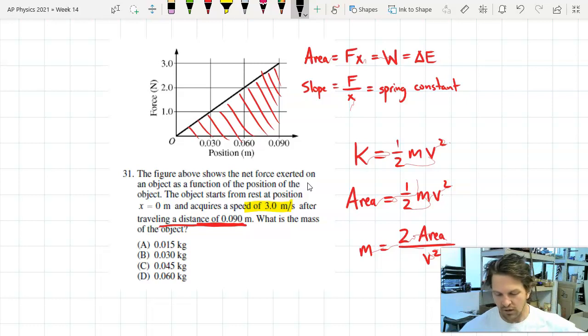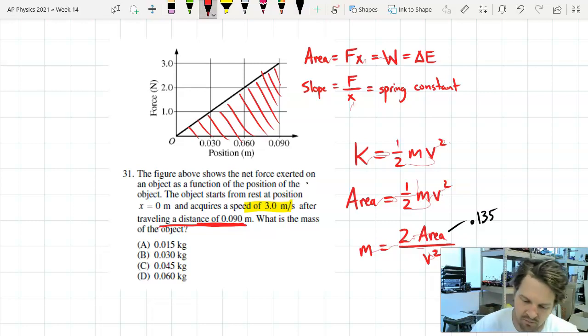Okay, 0.09 times 3 times 1/2. 0.135. So our answer ends up being 0.03 kilograms, B. Okay.